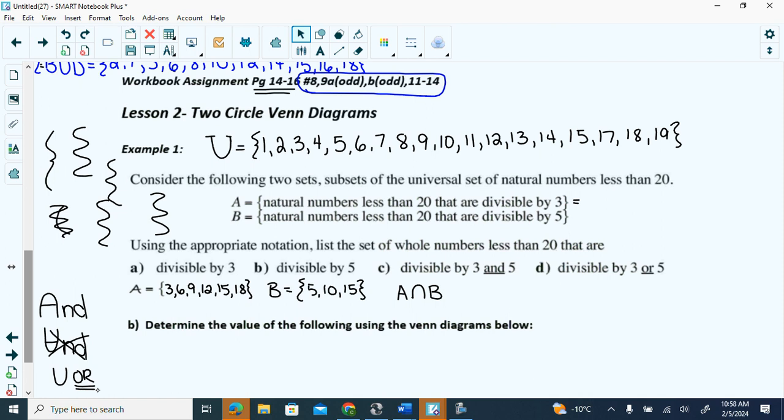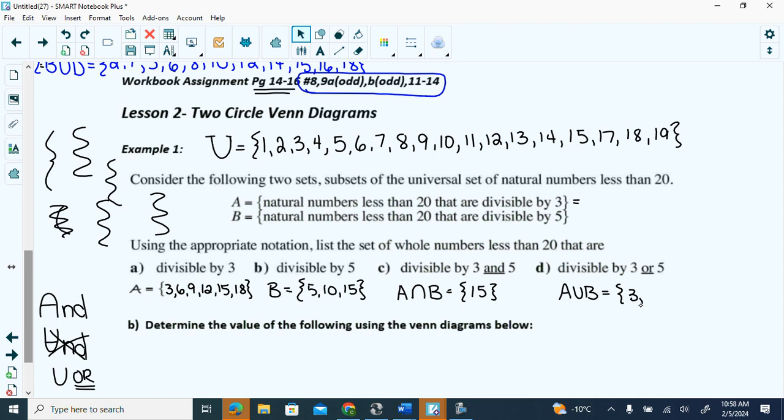So I need A and B, which would be 15. And then A or B is going to be a lot more, correct? If it's in A or it's in B, even if it's in both, I list it. So I'm going to list all the ones in A, I'll list all the ones in B. So I'm going to get 3. I like listing them in order. If they're not in order, are you wrong?